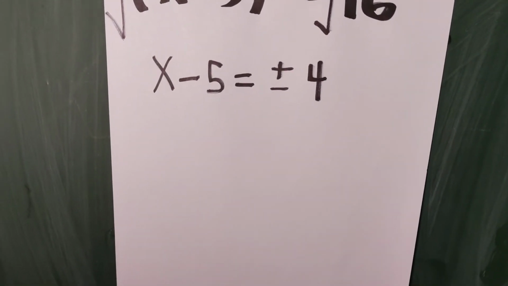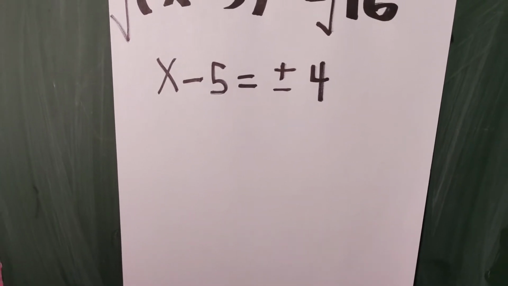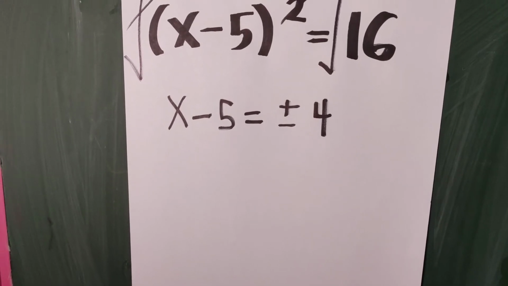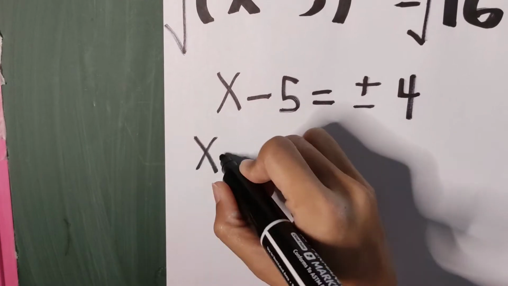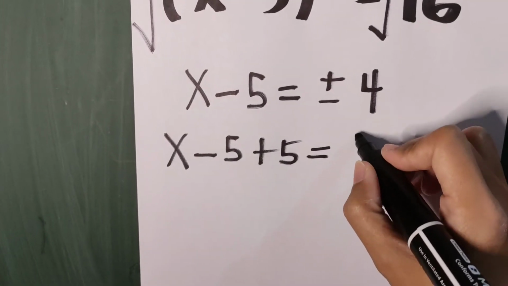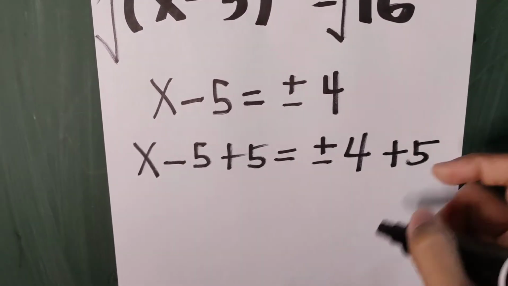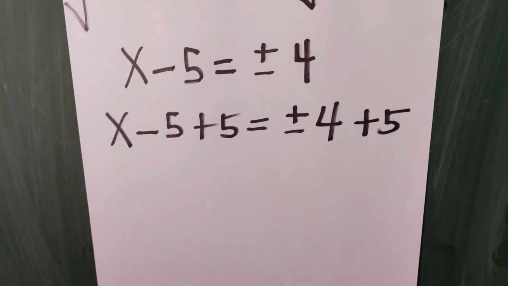We can now simplify our equations by applying again the addition property of equality by adding 5 on both sides of the equation. So we now have x minus 5 plus 5 is equal to positive negative 4 plus 5. Since we have two operations here, we're going to have two answers.